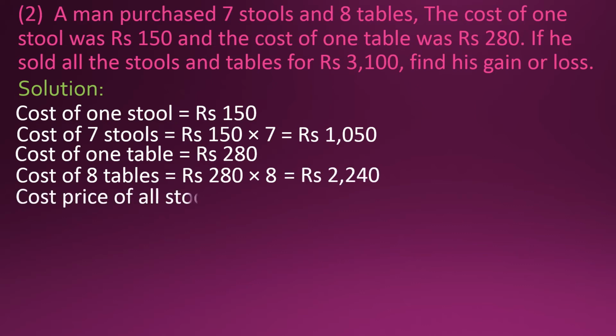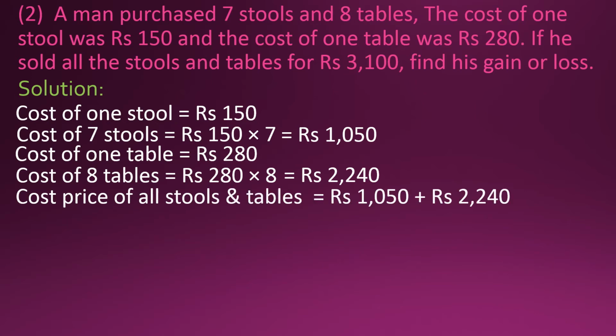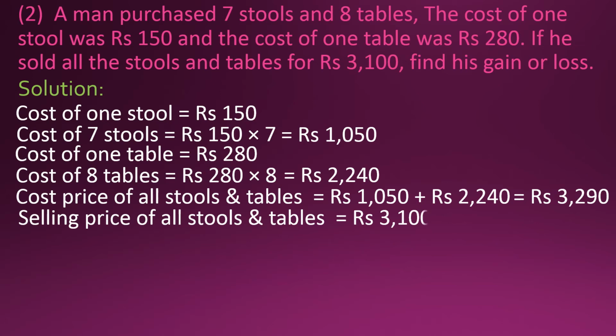So cost price of all stools and tables is equal to rupees 1050 plus rupees 2240. Now do the addition. We get rupees 3290. And selling price of all stools and tables is equal to rupees 3100. Profit or loss we have to find out. Now tell me which one is greater, cost price or selling price?